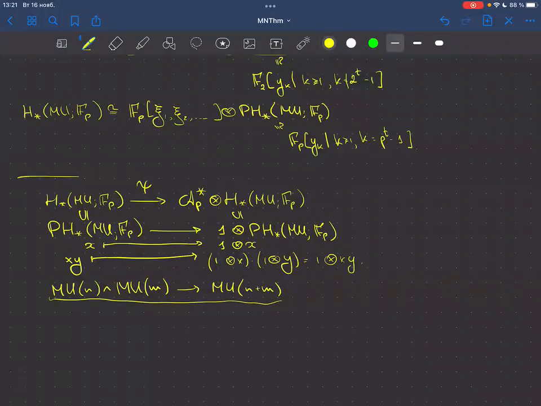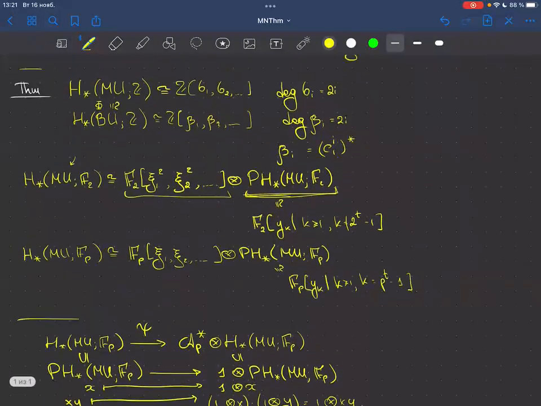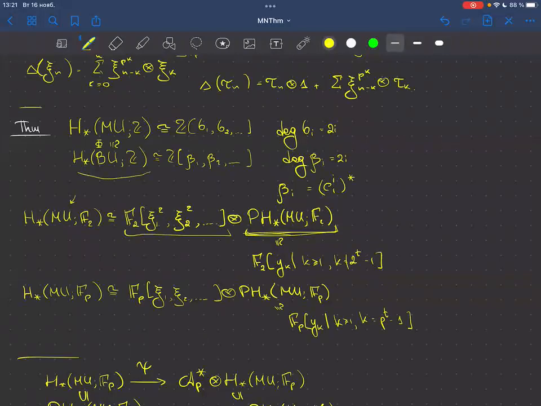Okay, so it is similar to saying that BU, since BU is an H-space, has a multiplicative structure on its homology, which is defined by just the multiplication in BU.